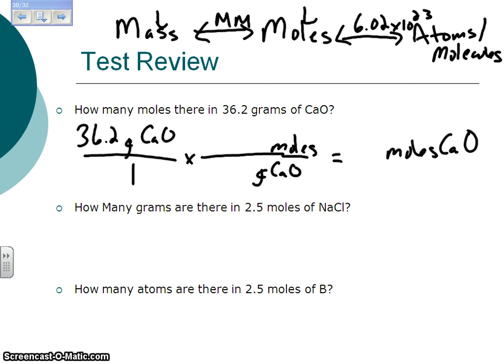The number which always goes next to mole is 1. And the molar mass of CaO, calcium is 40, oxygen is 16, so we have a mass of 56 grams. If we do our math out, you should get, in the correct number of sig figs, 0.646 moles.